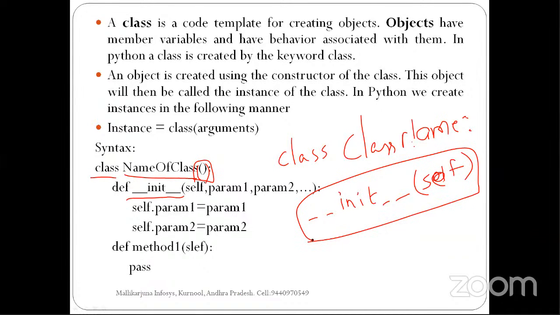We'll discuss this at the time of programming. This is about how to write the class. When you write the class, keep in mind that whatever method you write within the class, you should contain the default parameter called self.